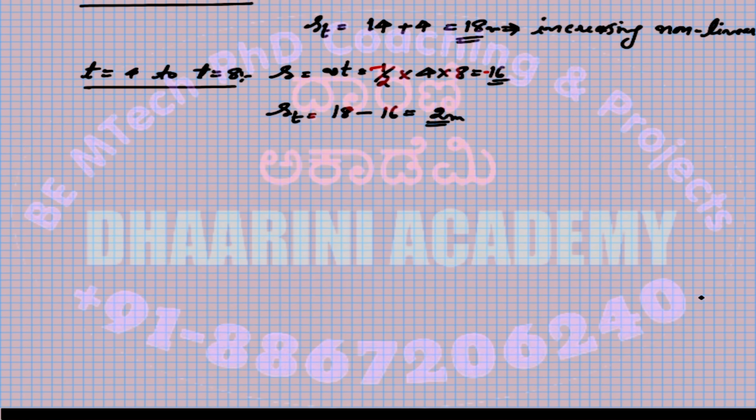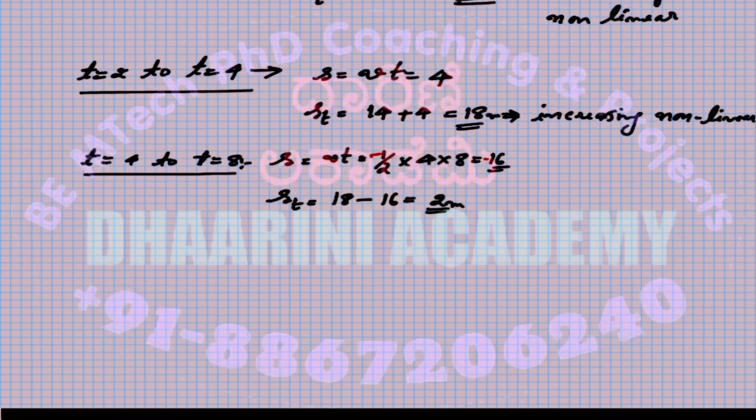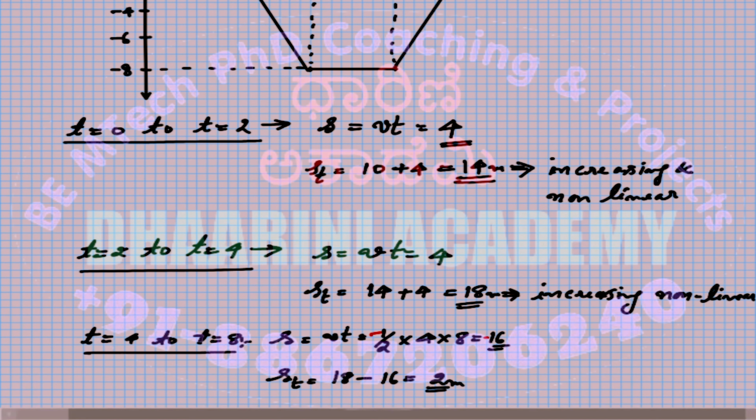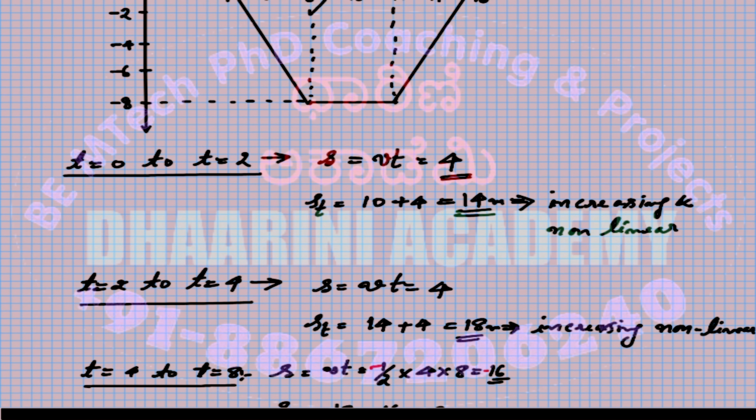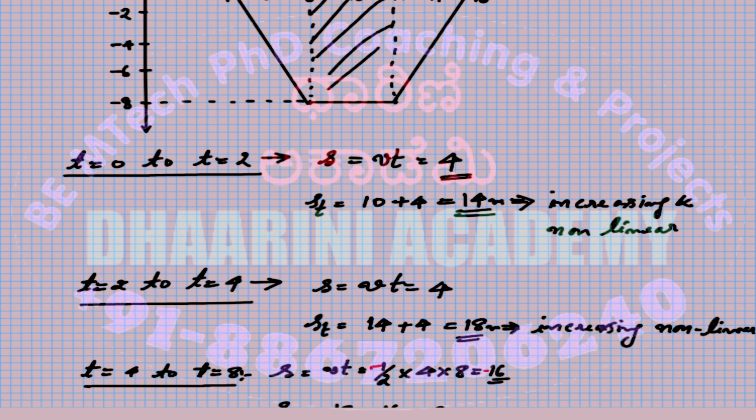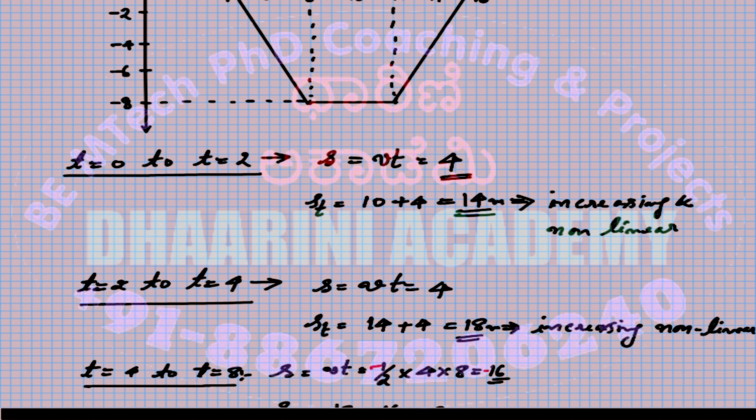Okay, then I want to calculate 8 to 12. So 8 to 12 basically refers to this area in total. It's the area of a rectangle, so base into height. The base is 4 and the height is 8.